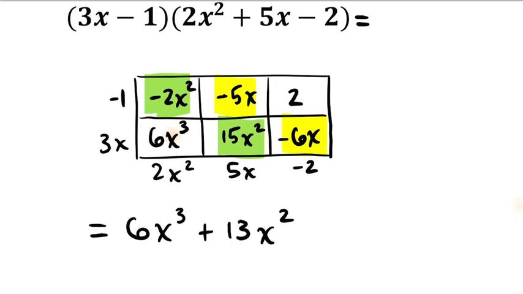That's the -2x squared and the positive 15x squared. And then I'm going to combine -5x and -6x, which is -11x. And then finally, there is a +2. So the product of this multiplication problem, a binomial times a trinomial, is 6x cubed plus 13x squared minus 11x plus 2.